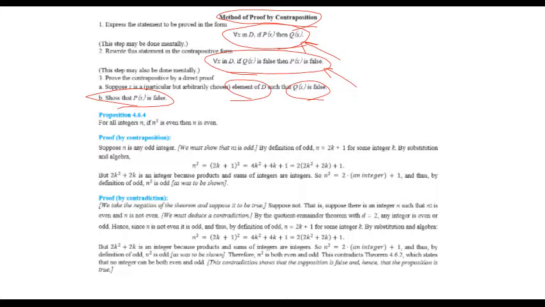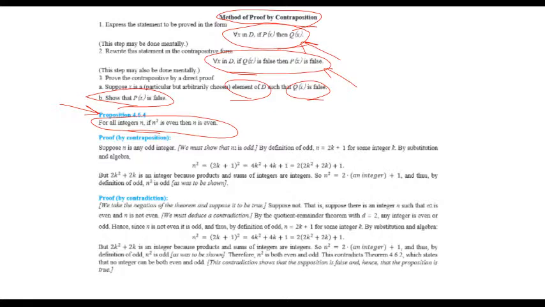So let's see proposition 4.6.4, which says for all integers n, if n squared is even, then n is also even. Let's assume that we want to prove this using contraposition. If I want to prove it by contraposition, I first have to know what the contrapositive of this statement is.